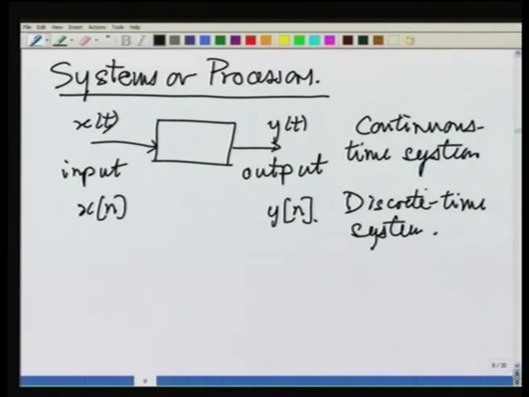Though at a certain level, the theory and the mathematics that we need to use to study discrete time systems and continuous time systems are somewhat different, yet they have a huge amount in common, and that is why I have taken the decision not to treat these two systems very separately.